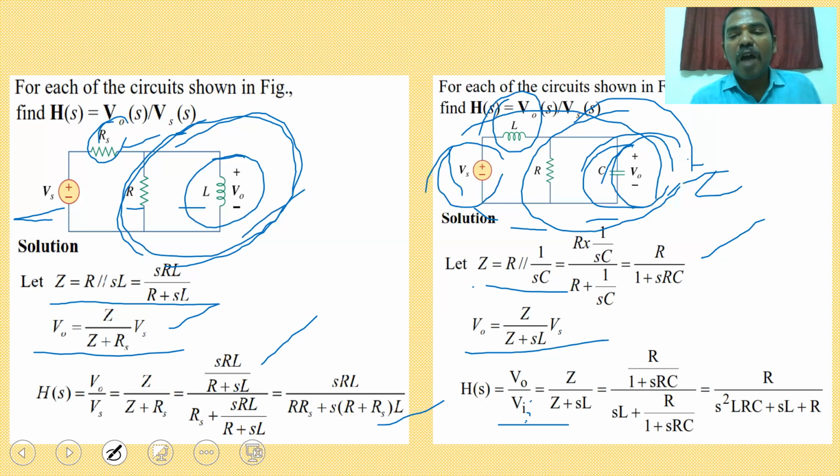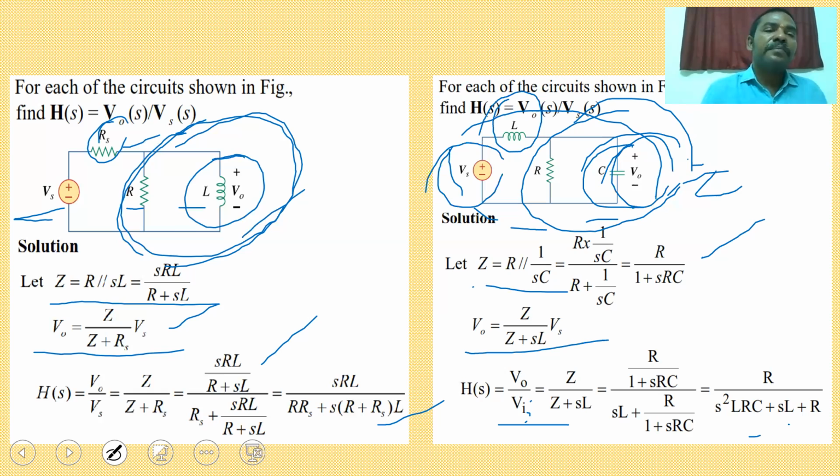What is Z? R by (1 plus sRC) divided by sL plus R by (1 plus sRC). Finally you can get R by (s squared LRC plus sL plus R). Like this you have to go for the calculation.